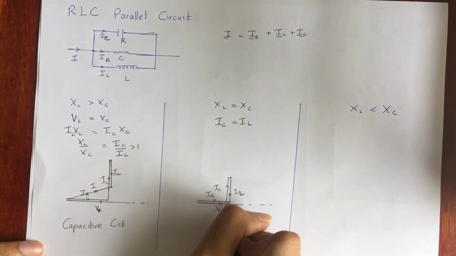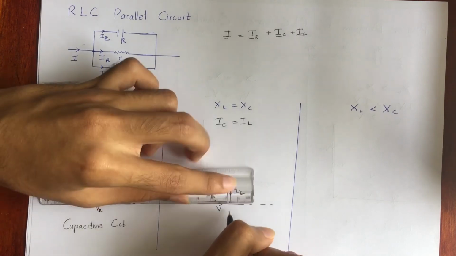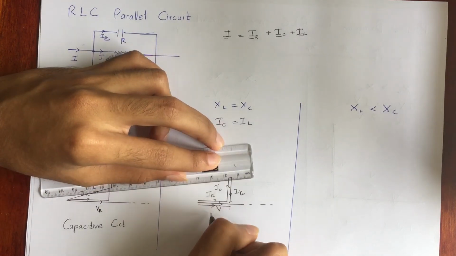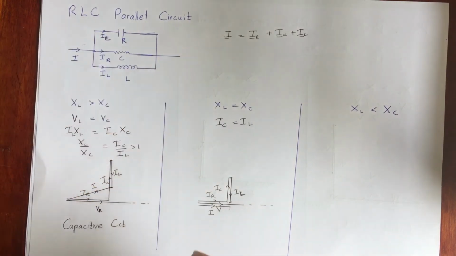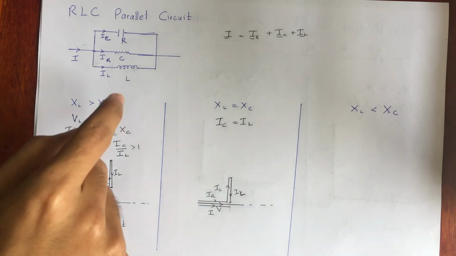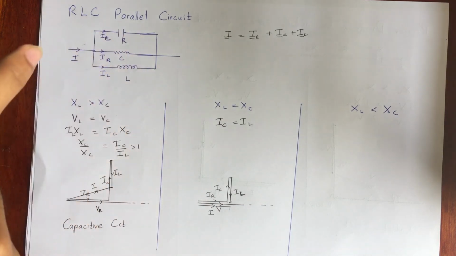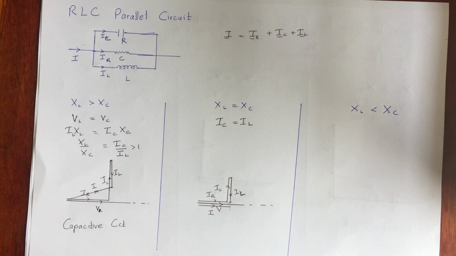So the resultant I would be in this direction, which simply means voltage and I are in the same phase, so it has the characteristic of a resistor. Even though it contains R, L and C, it has the characteristic of a resistor. That's an important thing you need to remember.